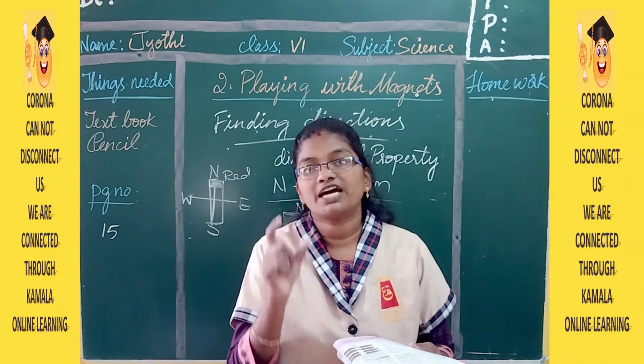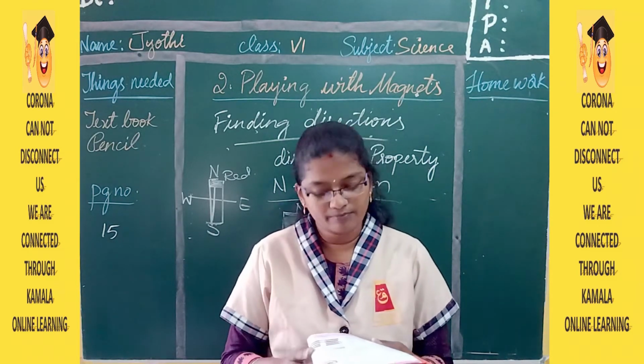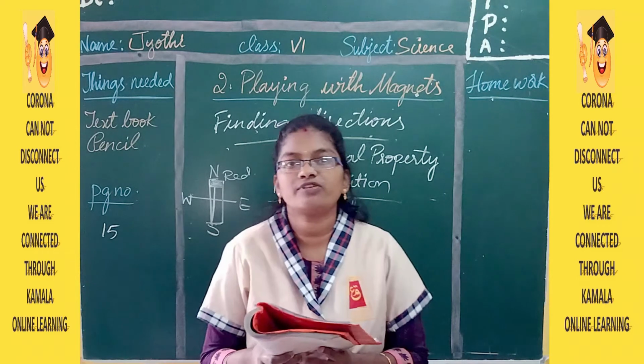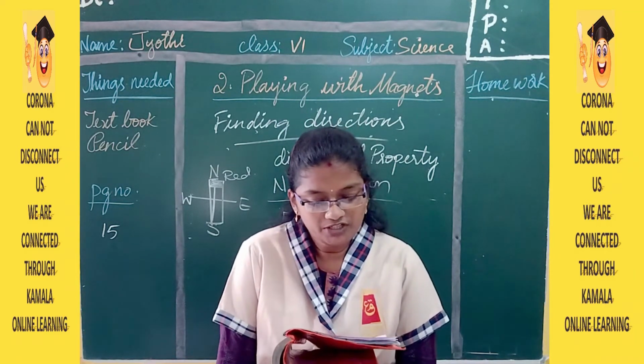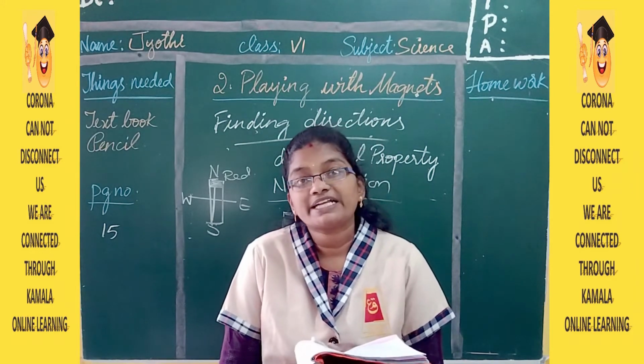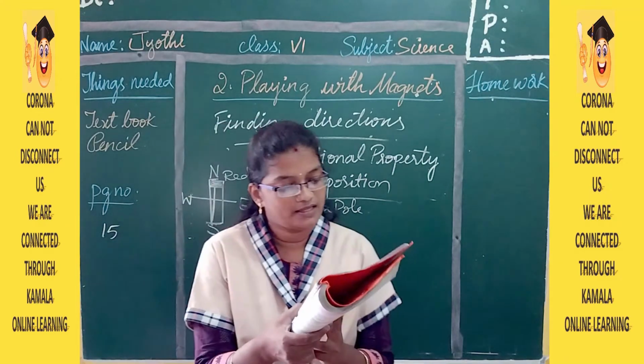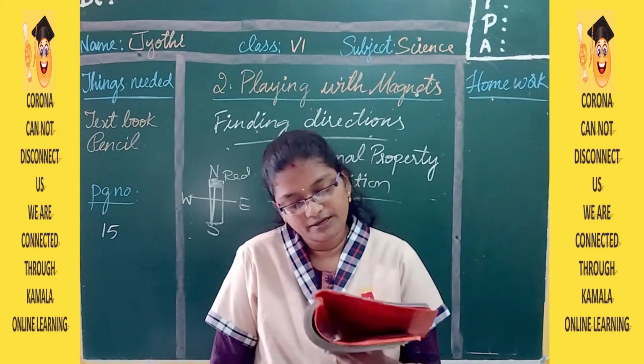So we can find the directions without a map, only with the help of a magnet. Without magnets we cannot find the directions. So we use this property to make the magnetic compass. So here is the magnetic compass. Let us see about the magnetic compass.